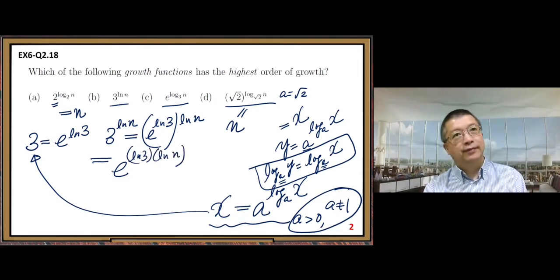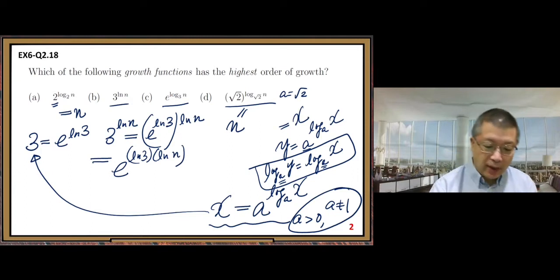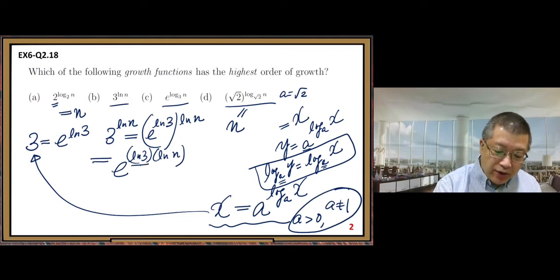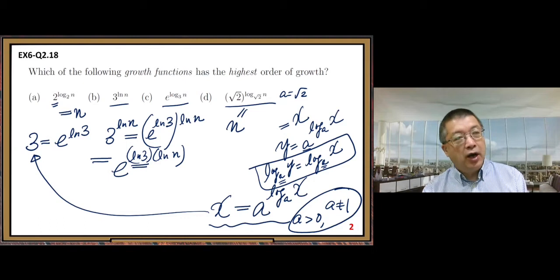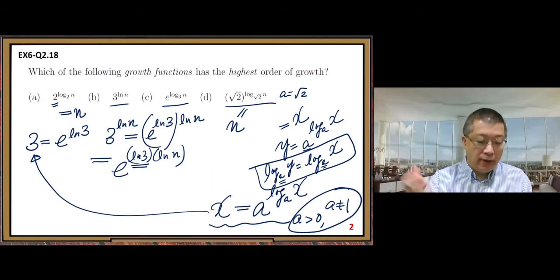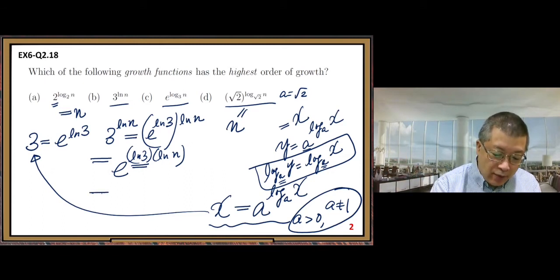Can we treat this natural log of 3 as just one number? So can we write e to the natural log of n, to the power of that number?